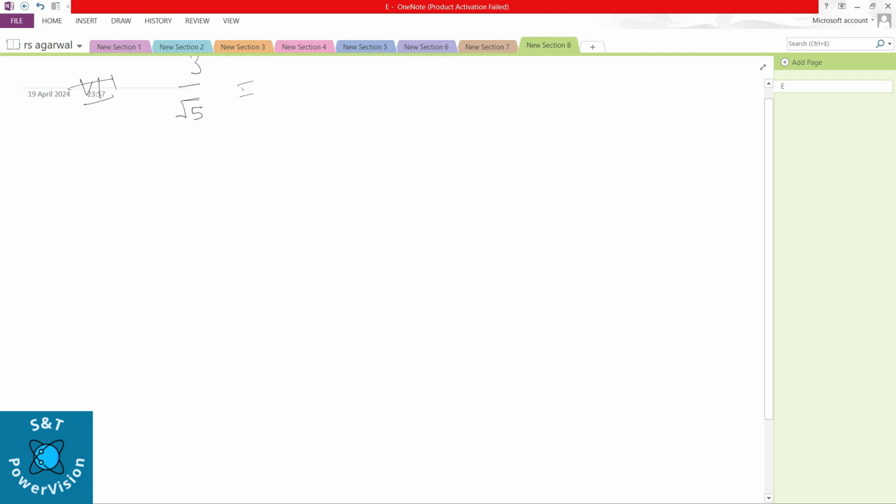So if we represent 3 by root 5 in the form of p by q, where p by q is in the simplest form, then root 5 is equal to 3q by p. Since p and q are integers, 3q by p is rational. But on the other side, root 5 is an irrational number. So both contradict each other. So we can say 3 by root 5 is an irrational number.